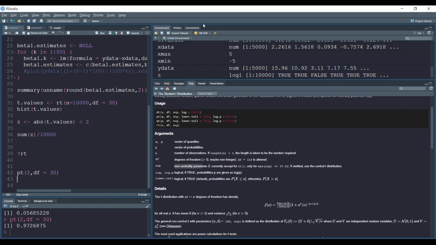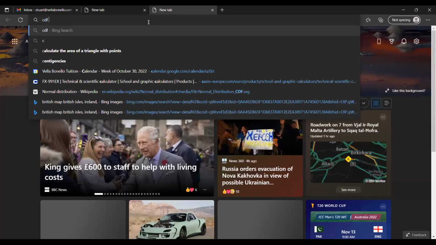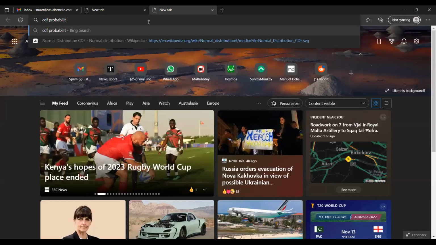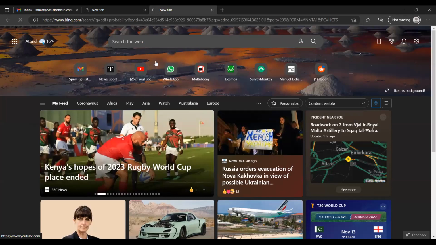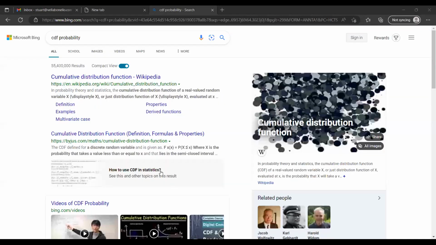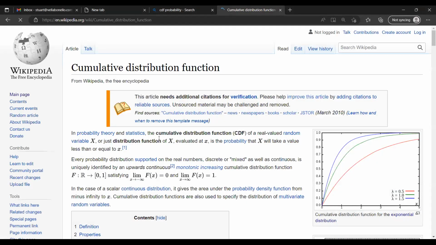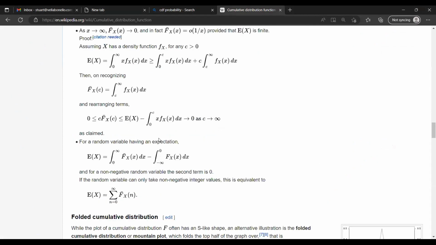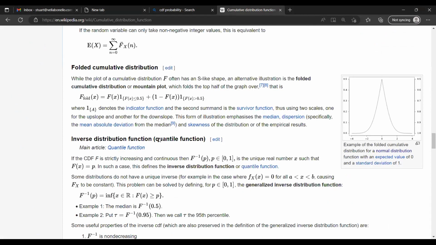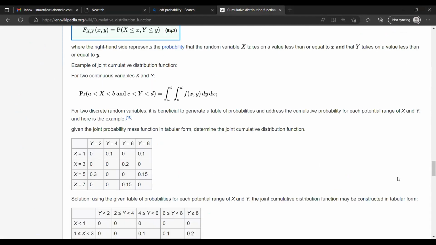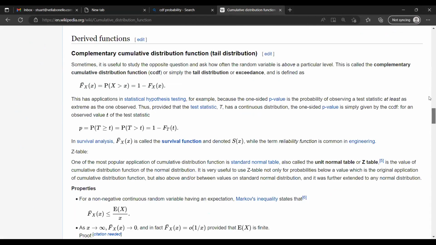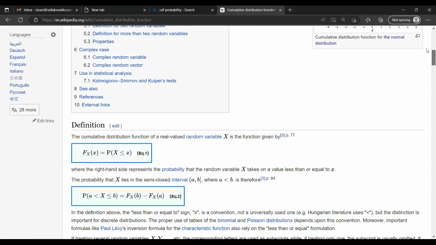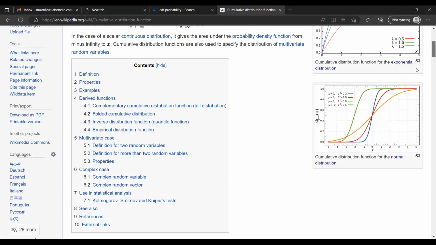Going to Wikipedia. CDF, probability. Yeah, the cumulative distribution function. Exactly. By the way, we're looking at the same page as when we did that session on Excel when we had met up.